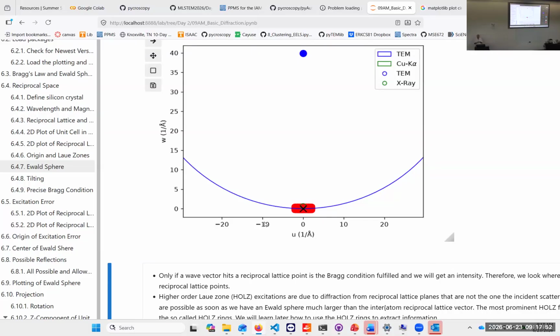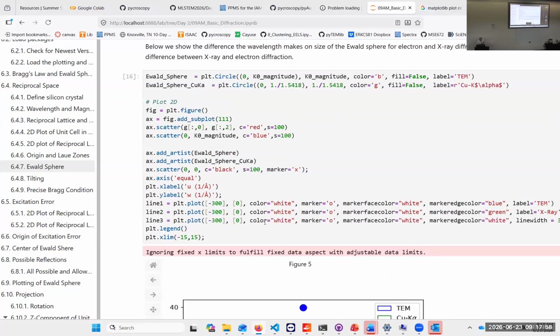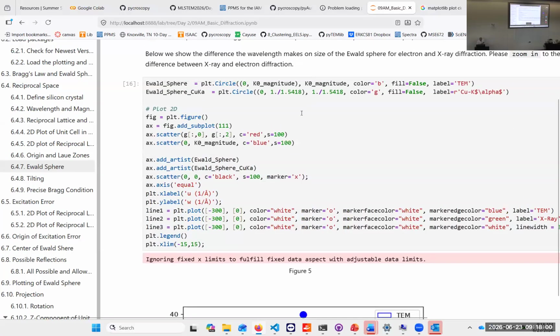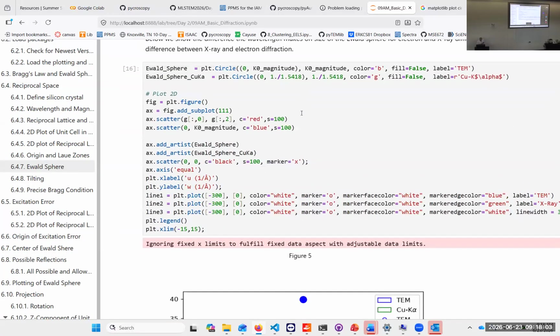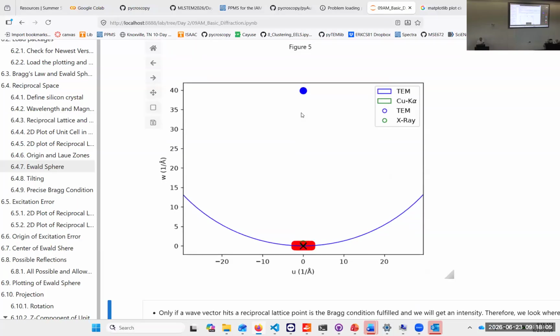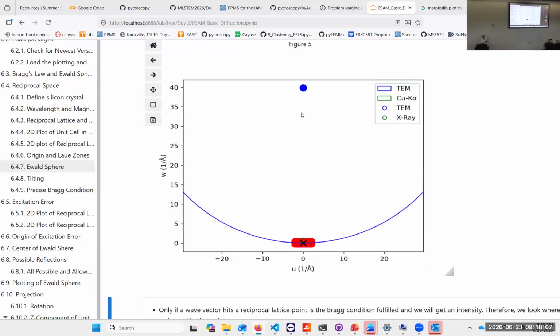The blue one is the Ewald sphere of, how much did I put in here as an acceleration voltage? I forgot, but that looks like about 60 kV, so it's not too dramatic.